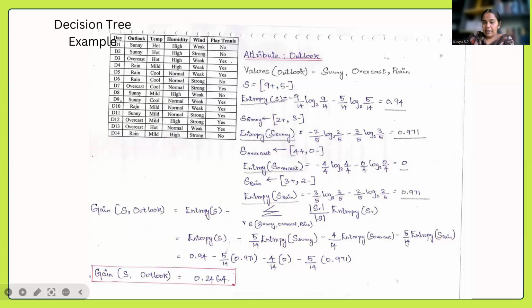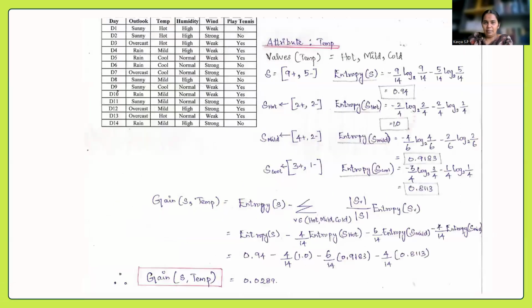Writing the detailed formula: entropy of S minus 5 out of 14 days into the entropy of a sunny day, minus the probability of overcast out of 14 days into the entropy of an overcast day, minus 5 by 14 into the entropy of a rainy day. The information gain for the attribute outlook is 0.2464. Now, moving on to the next attribute, temperature. The possible values for temperature are hot, mild, and cold.